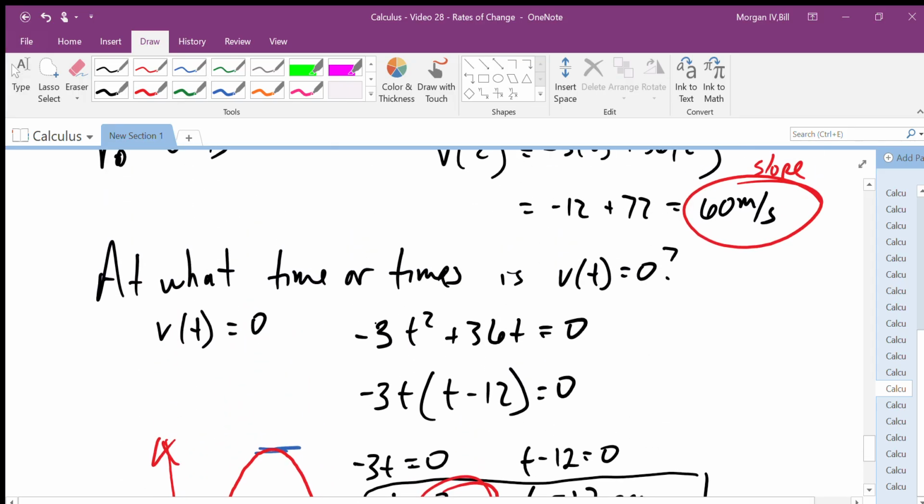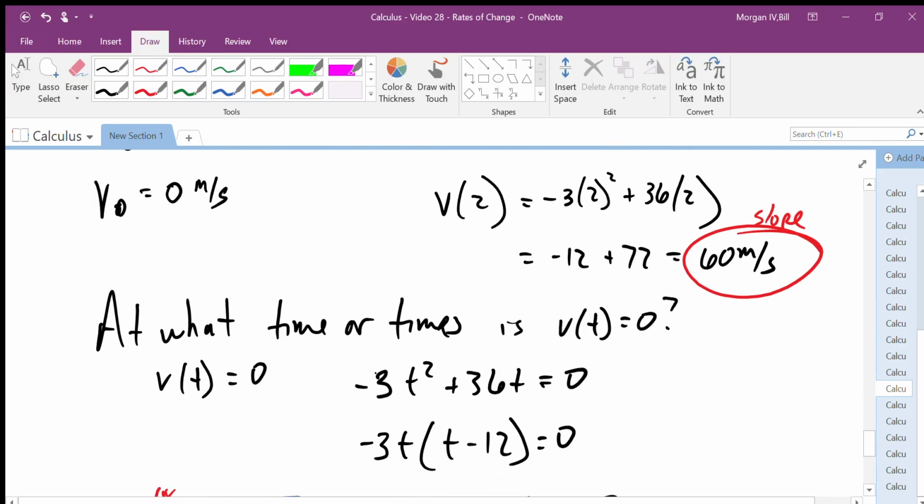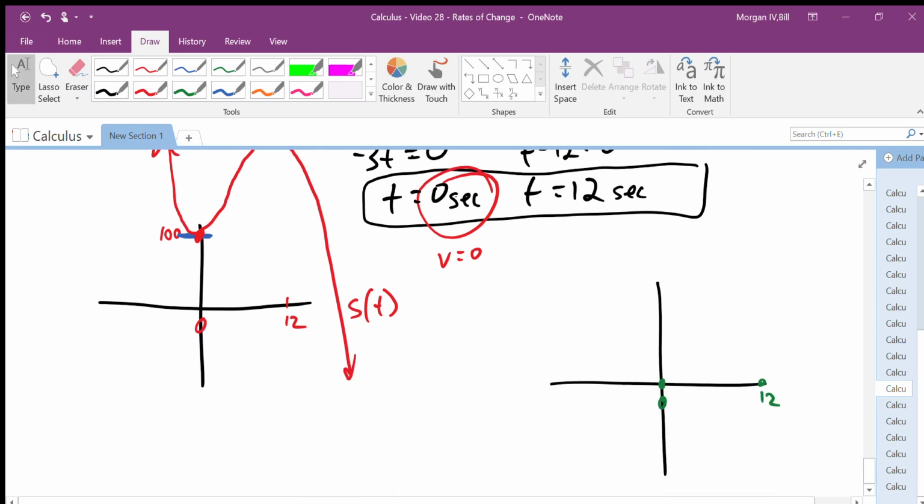And if I go back up here, we see the velocity function is negative 3t squared plus 36t. It's a parabola opening down. So a parabola opening down that I know goes through 0 at 0 and 12 is going to look something like this. All right, so that would be the velocity function.